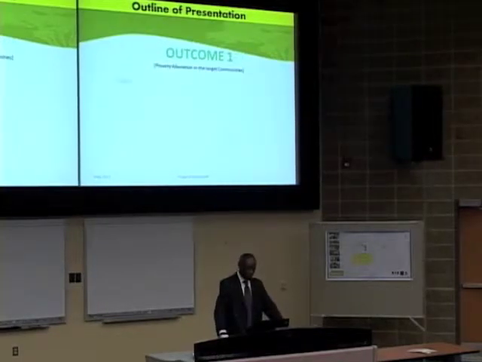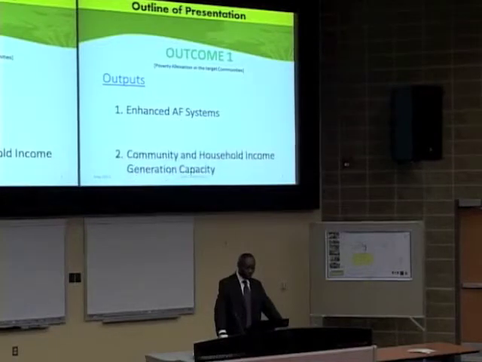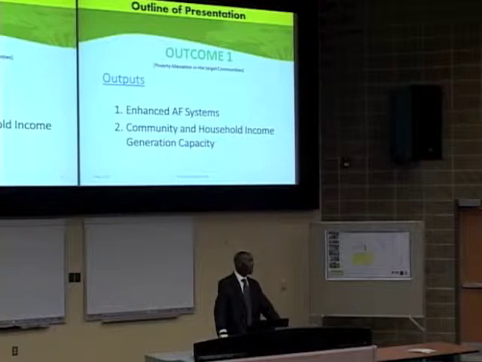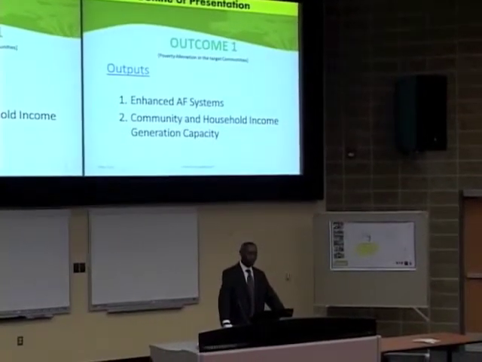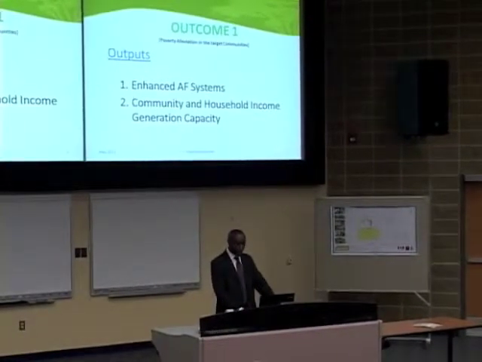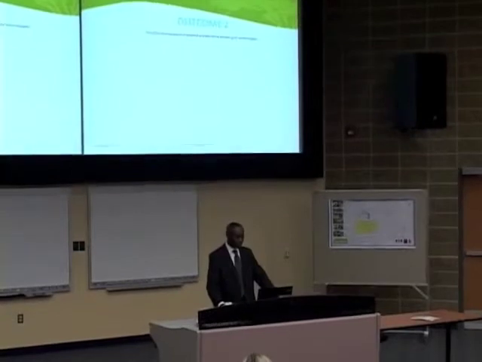I'll run you through the introduction. First, we want to look at outcome number one and the outputs. The outputs are mainly the immediate results, and there are two of them: enhanced agroforestry systems, and community and household income generation capacity.